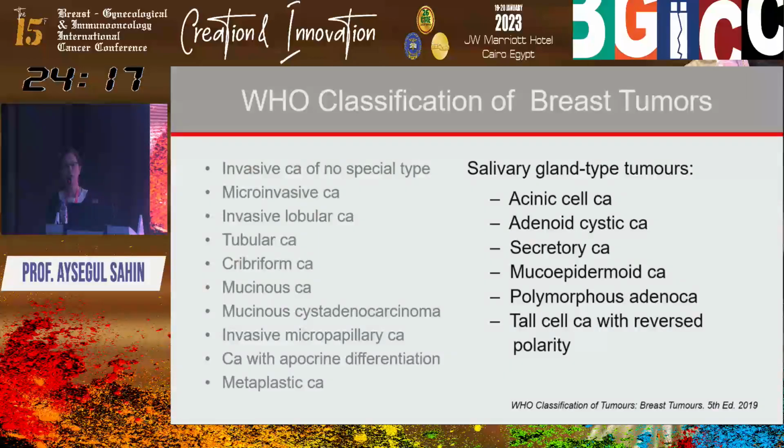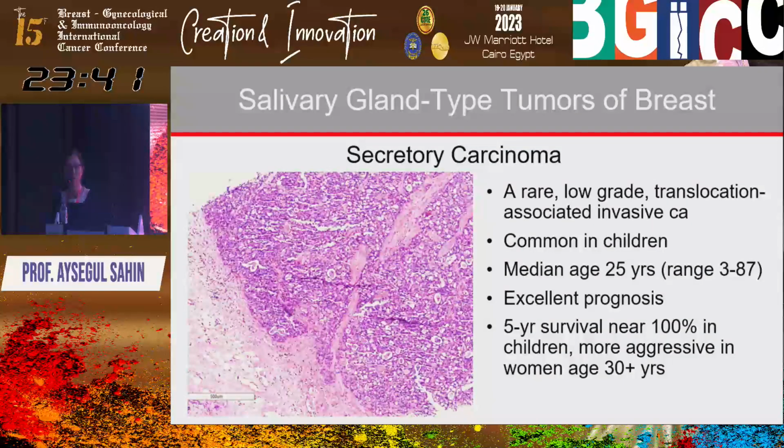And the most important category, where we have more advances in the classification of tumors, is the salivary gland-like tumors. Acinic cell carcinoma, adenoid cystic carcinoma, secretory carcinoma. Now we have special methods to identify these tumors, and the more we study them, their salivary gland counterparts are morphologically and molecularly very similar to breast carcinoma.